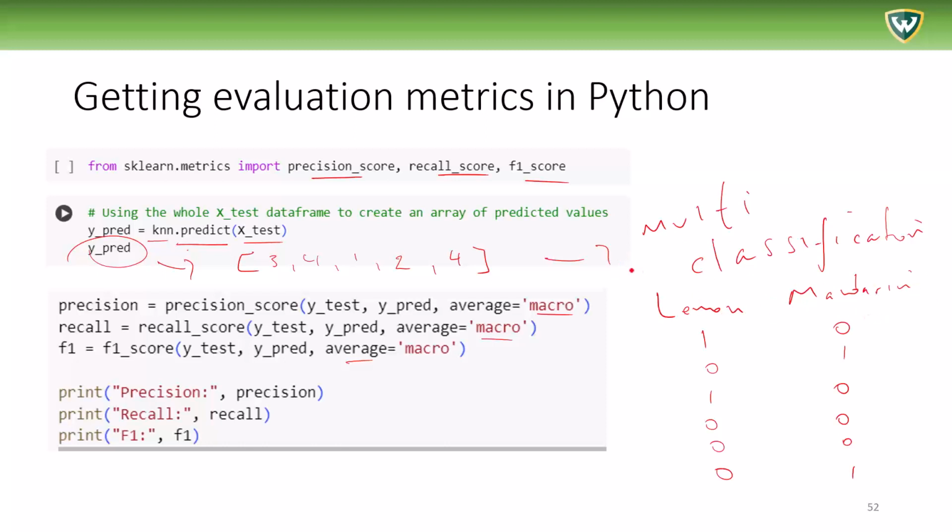Now, if it's just 1 or 0, the average won't really matter that much because all of these precision and recall scores will follow the formulas I just went over. But now you have multiple different categories.